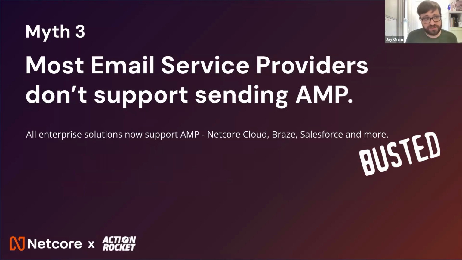A lot of the senders behind email service providers, like Mailjet or Mailgun, whatever it is, they have built-in AMP sending abilities now as well. So even if your ESP is using one of those third-party senders, they can probably set up AMP pretty quick. So there shouldn't be a problem with that.